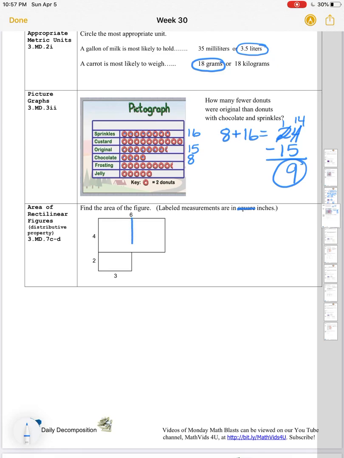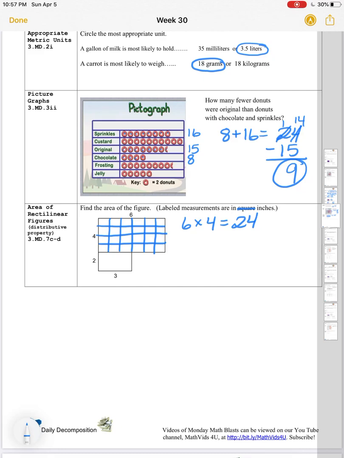So I could draw 6 columns and 4 rows, and then I could count all the squares that are created in there. And I know that 6 times 4 is 24. There are 24 squares within that rectangle there.